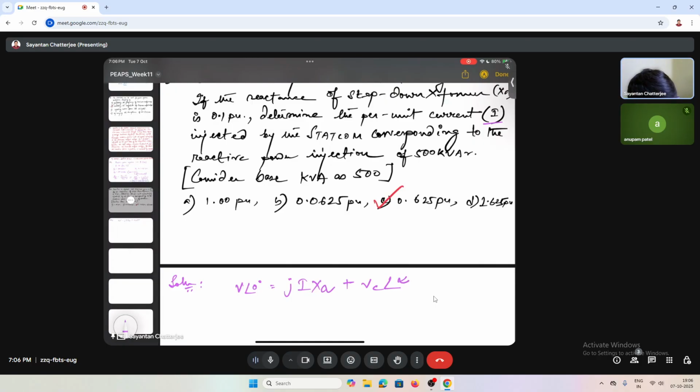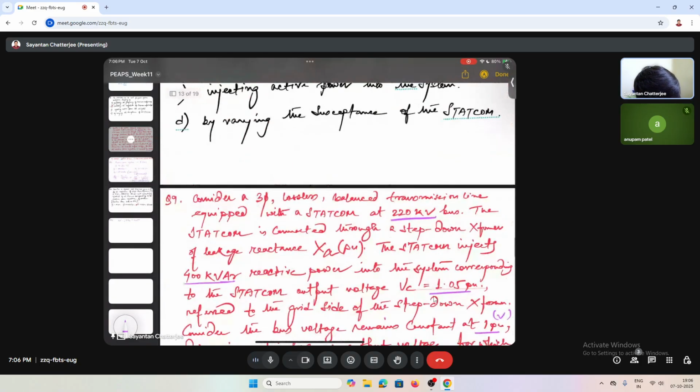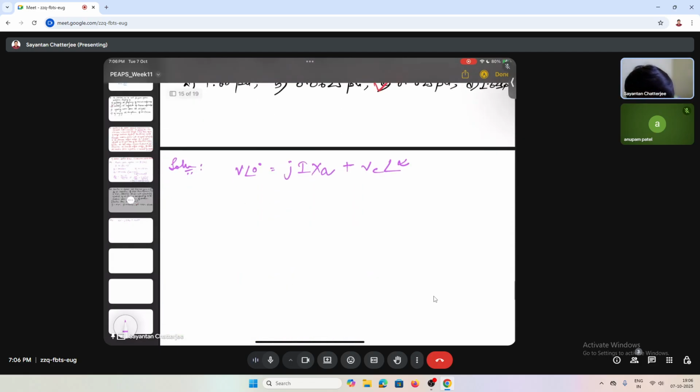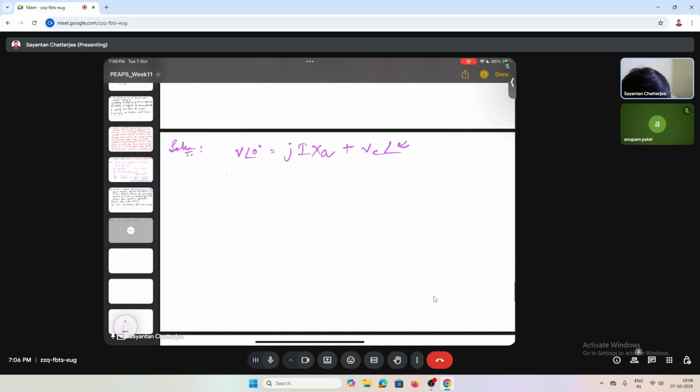So in this case, already this has been mentioned, this is the generic equation. Determine the per unit current injected by the reactive power. Yes. So if alpha equals 0, generally we'll keep alpha equals 0. So this equation is V equal to J I X sigma plus VC angle 0.